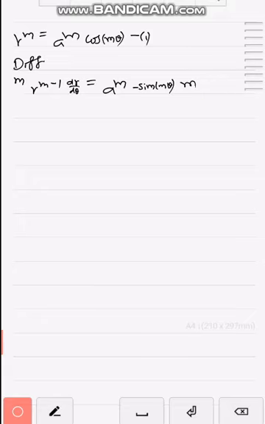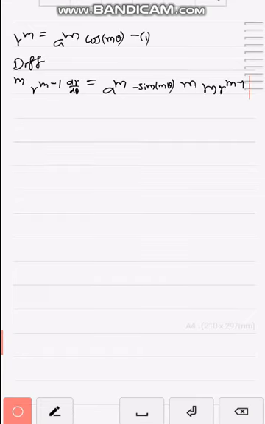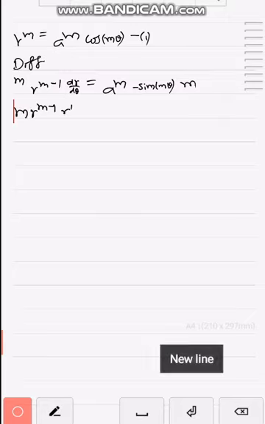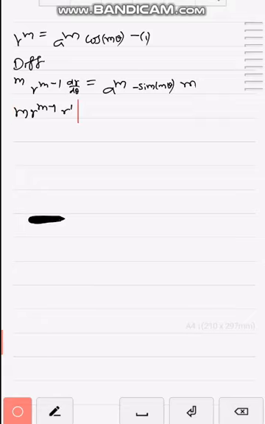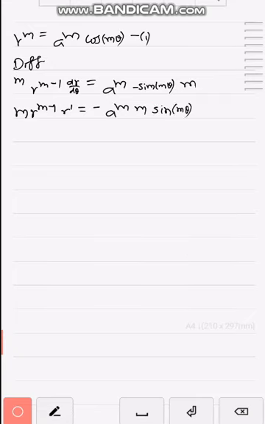So we have m into r to the power m minus 1 into r dash is equal to minus of a power m into m sin m theta. What is required?